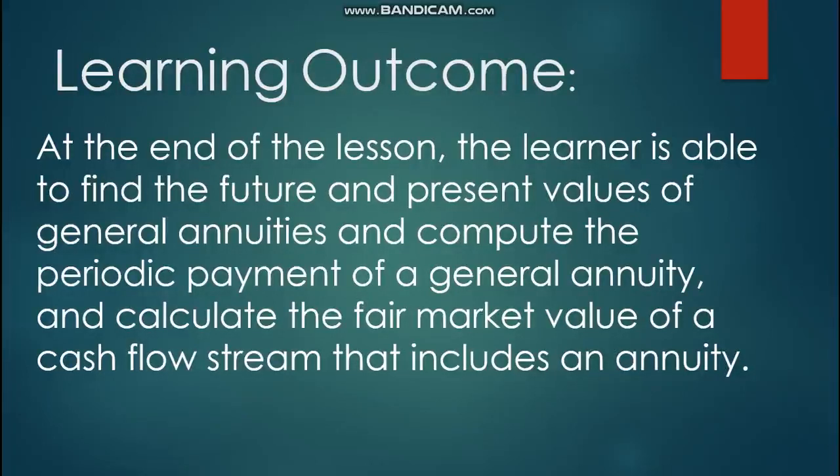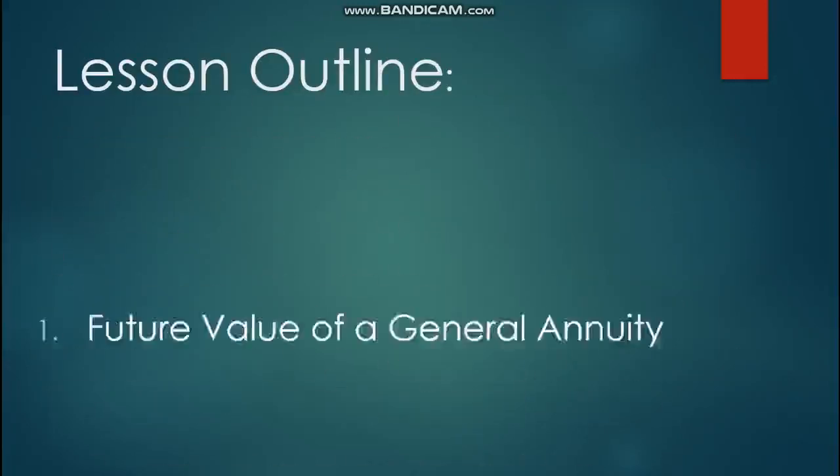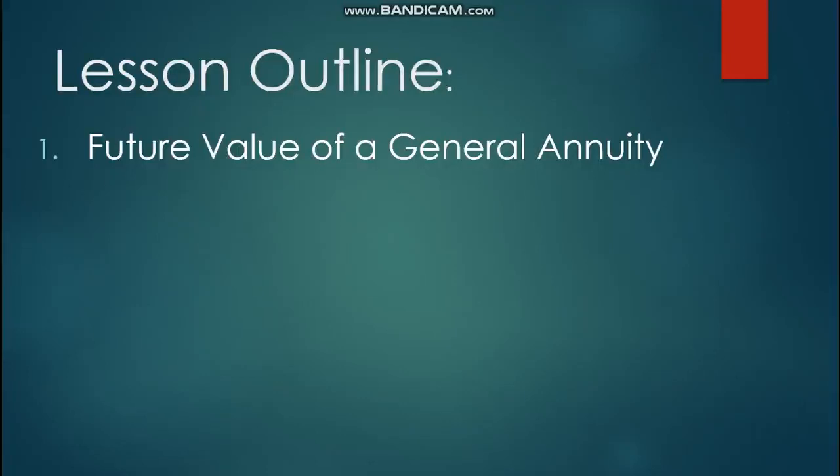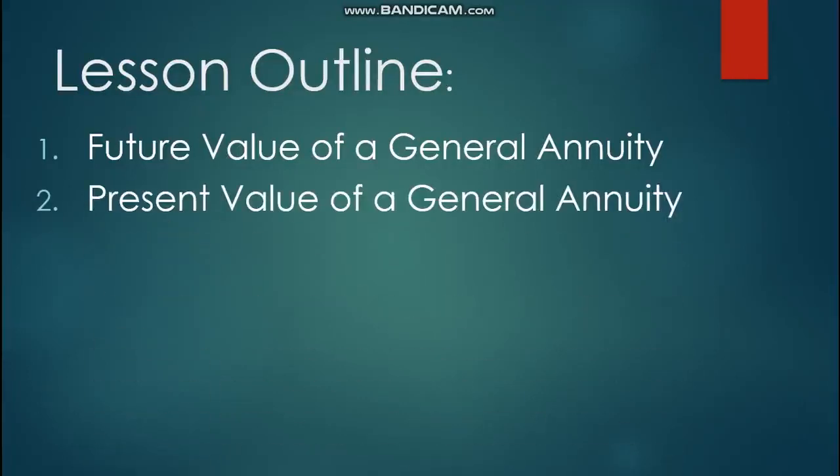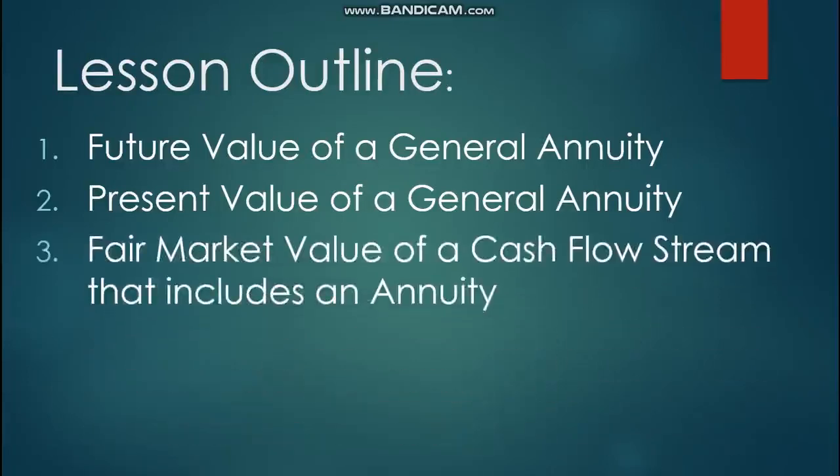So, hatiin natin itong ating learning outcome na to sa tatlo na lesson outline. First is future value of a general annuity, present value of a general annuity, and fair market value of a cash flow stream that includes an annuity.